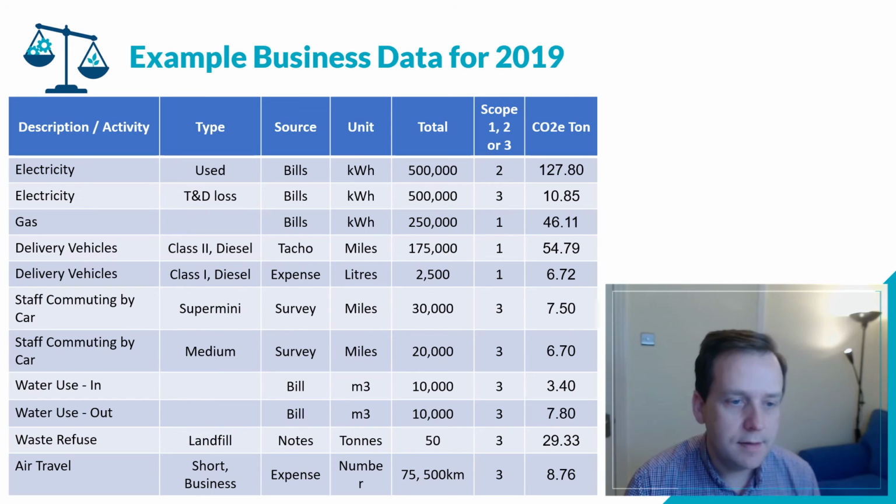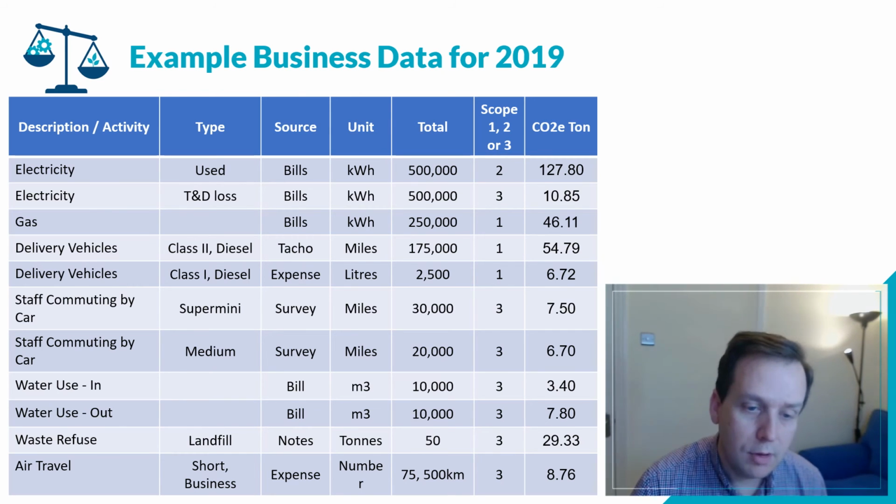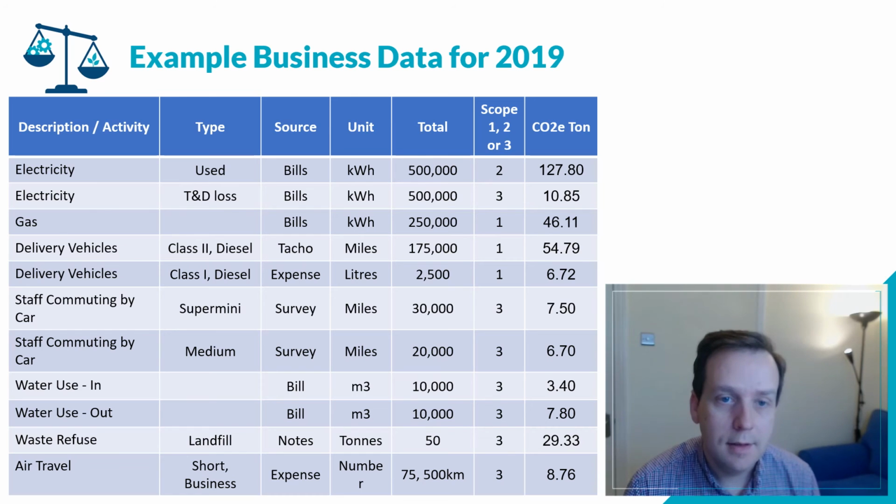We've added the detail, super mini, medium car, short business. We've estimated the average flight distance, but perhaps next year we'll record the actual kilometers or miles of the flights, so we can again get a more accurate number for that scope 3 activity.